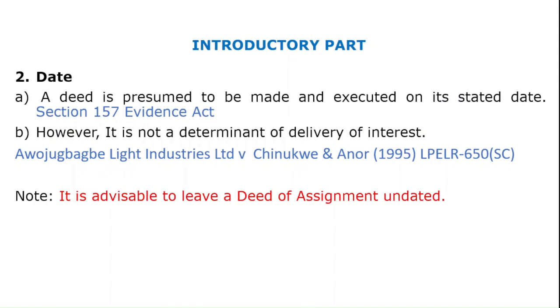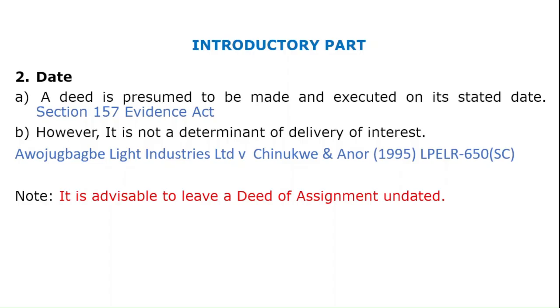When you look at the provisions of Section 126 of the Nigerian Tax Act, it provides that a deed is to be stamped within 30 days of execution. And when you look at the various registration laws of various states, registration takes place 60 days from the date that deed was executed.